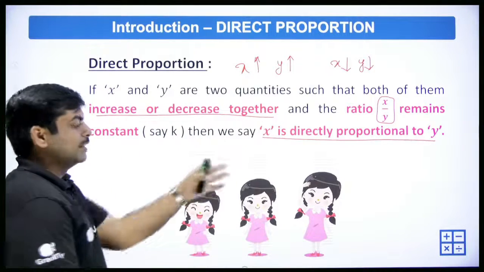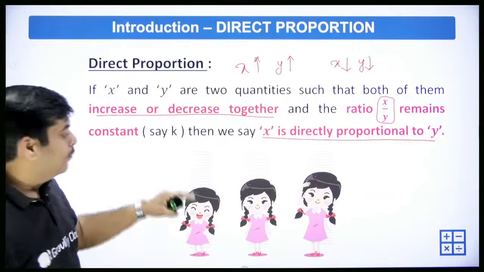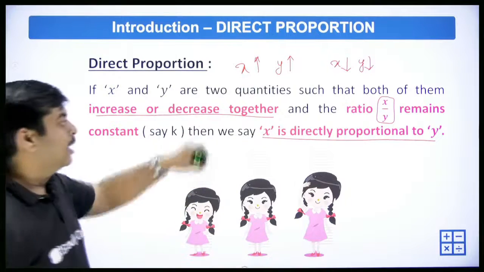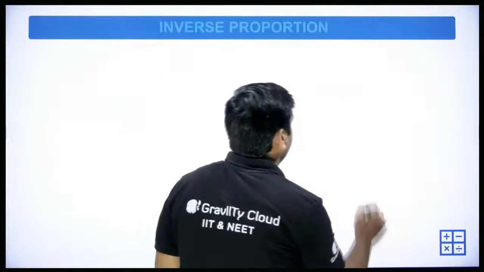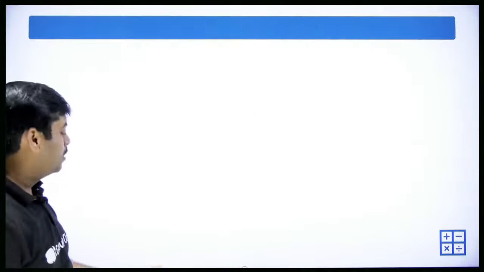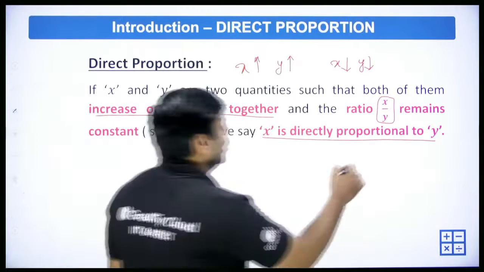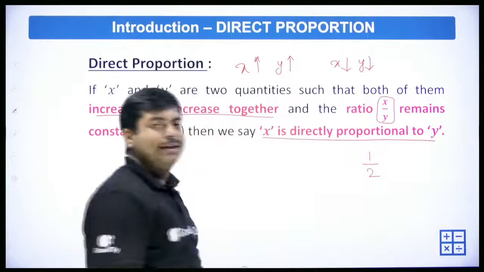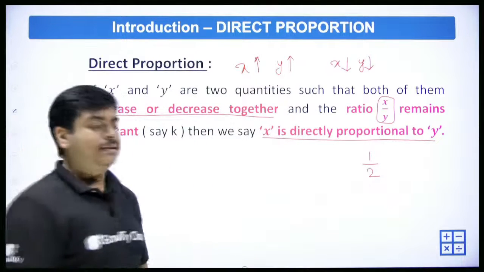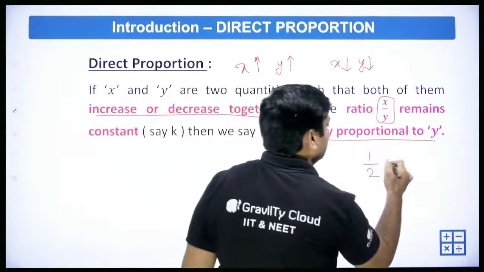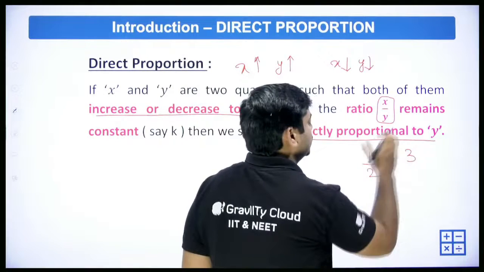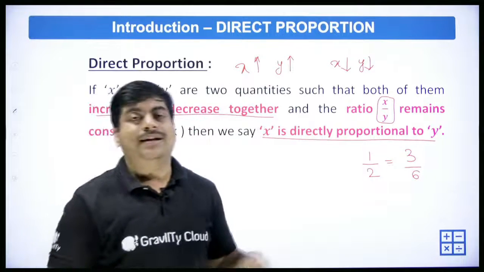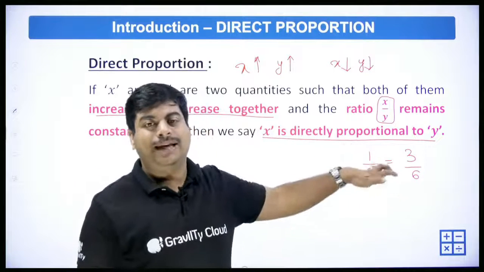We also gave some examples. A girl's age is increasing, and her height is also increasing. Let me give a small example. If we have the ratio 1 by 2, 1:2, and 1 increases to 3 and 2 also increases to 6, both are increasing, but the ratio maintained is the same.